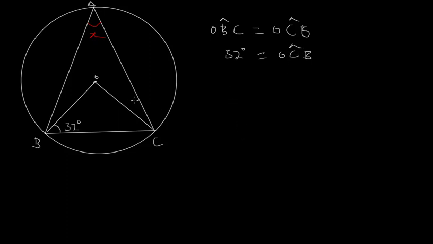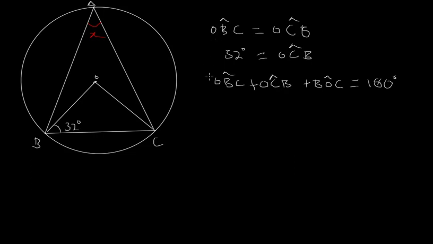And we know that to find this angle, we simply add all the angles in this triangle and they should add up to 180 degrees. So we're going to say OBC plus OCB plus BOC is equal to 180 degrees. So this angle, that angle, and that angle should give us 180 degrees.